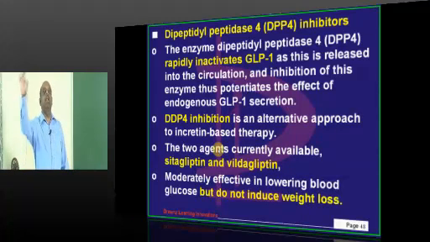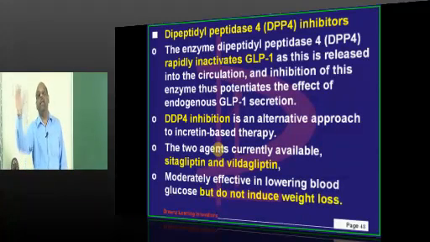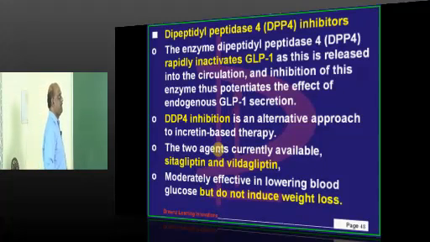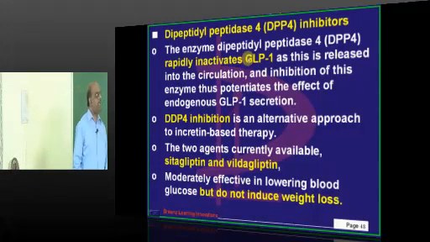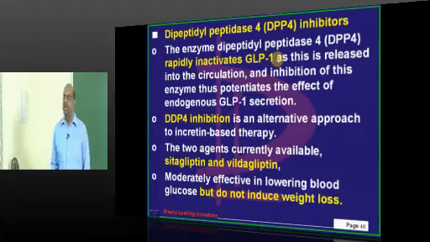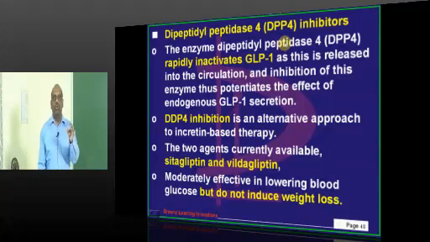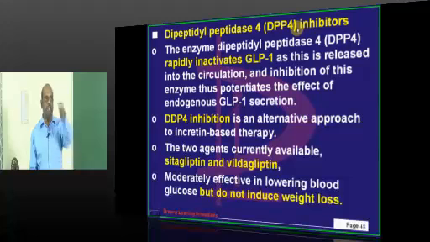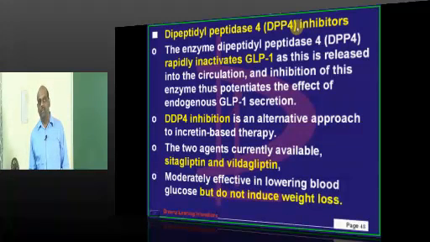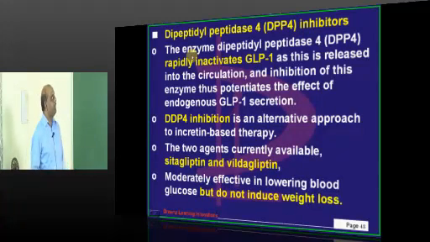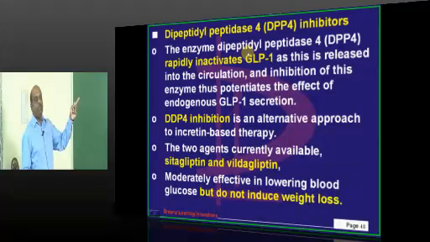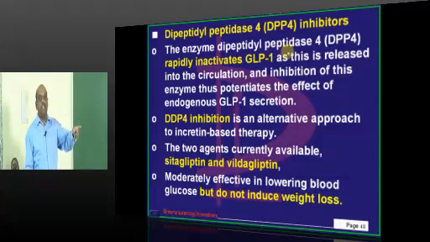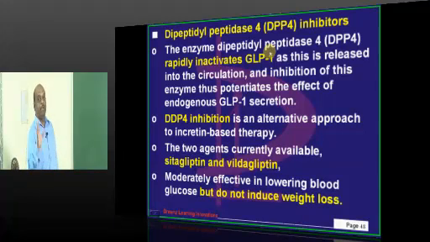Then we have dipeptidyl peptidase 4 inhibitors. DPP4 inhibitors is the next group of drugs. So what is DPP4 basically? We said that to mediate an incretin effect, GLP-1 is released by the L cells of the intestine when you orally take glucose. There is one enzyme called dipeptidyl peptidase 4 which is known to break down GLP-1.